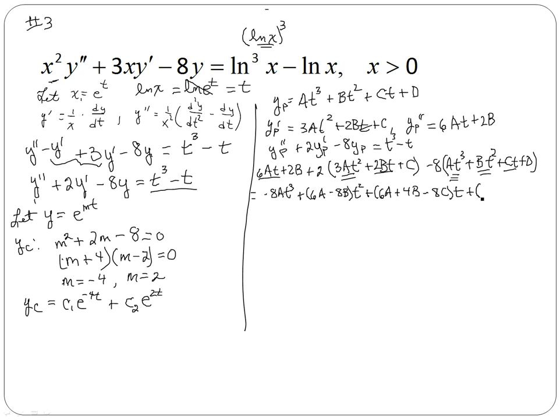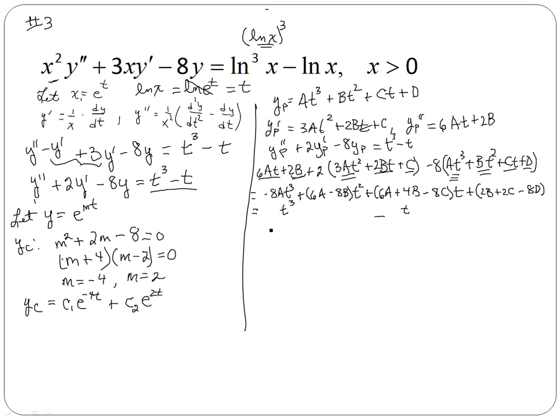And then my constant terms are 2b, this is 2c, minus 8d. Okay, and this should be equal to t to the third minus t.